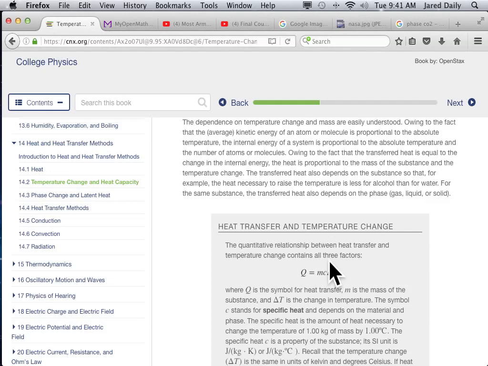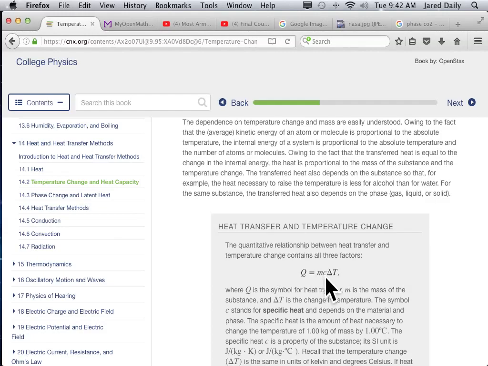But if I put that same 100 joules into the same mass of alcohol, it will change its temperature more. Alcohol requires less energy to heat up. Okay? Other materials require more energy to heat up. Water is one of the hardest things to heat up. It takes a lot of energy to heat up water. In other words, water will absorb energy without changing its temperature very much. It will absorb a lot.